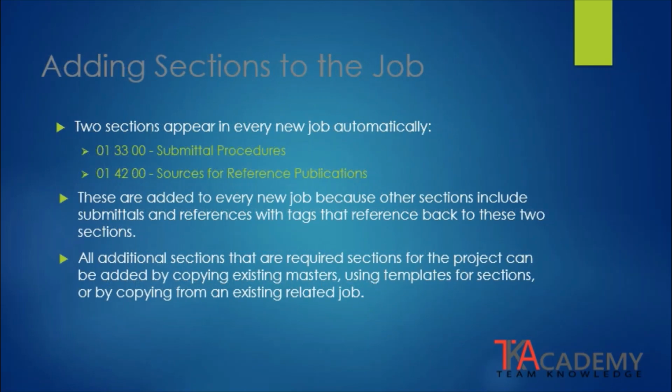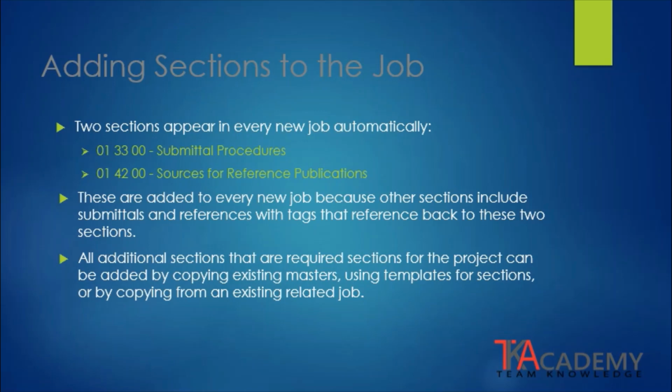When you create a new job in Specs and TAC, there are 2 sections that will be automatically populated in the SI Explorer. These are section 013300, which is the submittal procedures, and section 014200, which is the sources for reference publications.